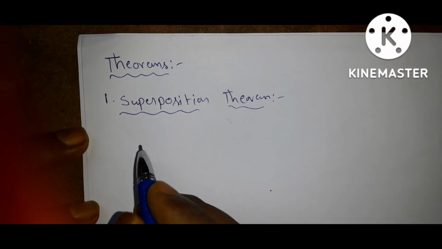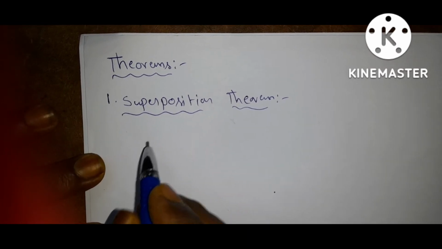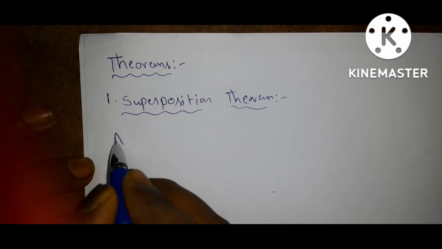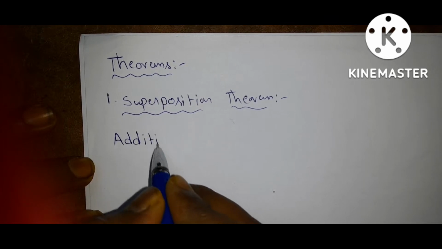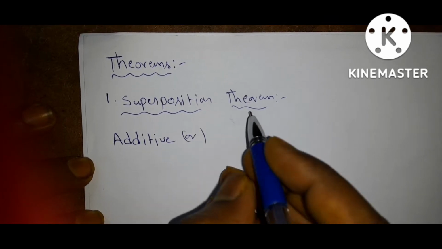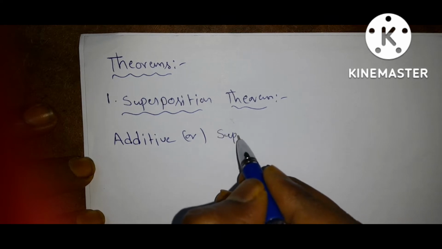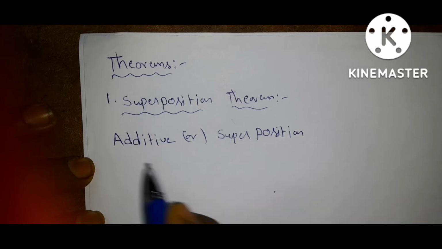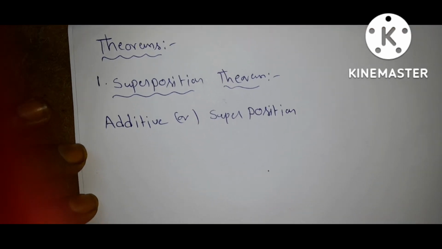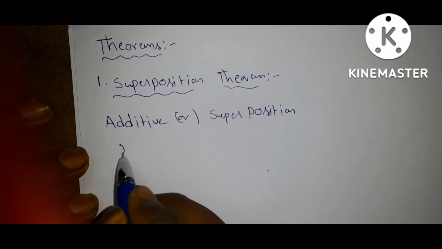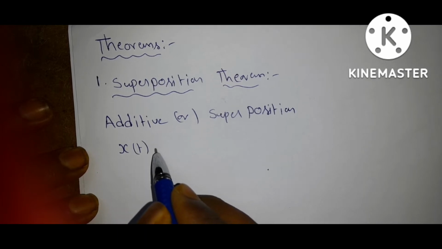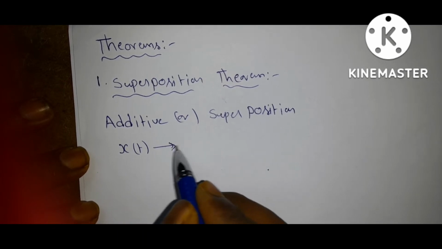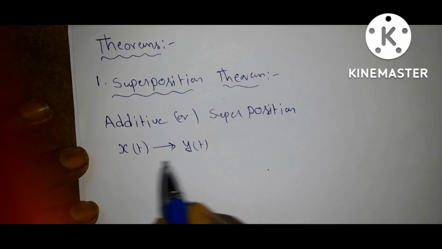Linearity means here we have two properties. The first one is the additive property or superposition property. This means if the input is x of t, then the response or output is y of t.